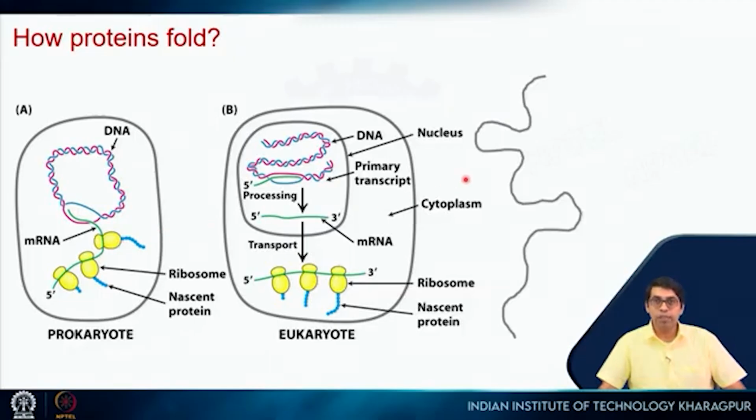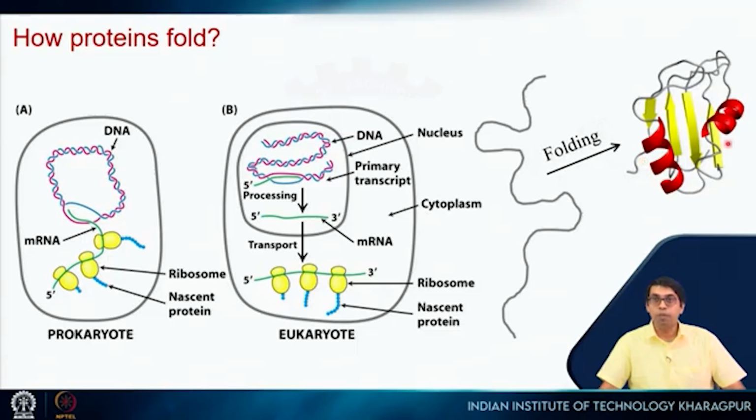When the protein is synthesized, it most probably looks something like this. But then how do we go from this to something like this? This process is called folding. How does an unstructured polypeptide chain fold into a precise structure like this? This is the protein folding problem.